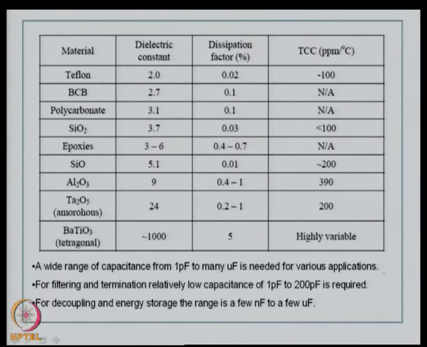So, the issues here are dielectric constant, an important factor, dissipation factor, and TCC, temperature coefficient of capacitance. So, Teflon, you can see the values of dielectric constant, benzocyclobutene 2.7, polycarbonates, silica, epoxy is well known in the PCB industry, and then we have alumina powder, tantalum oxide, barium titanate, much used in the capacitor industry.